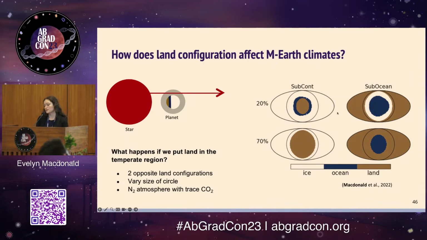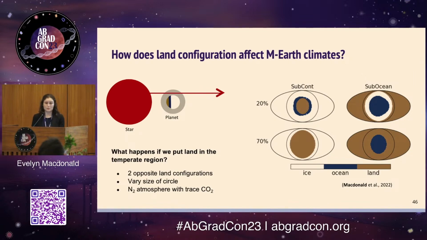And then the opposite, substellar ocean, putting land everywhere except for a circle at the substellar point where there's water. And we vary the size of the circle in all of these simulations, going from 0 to 100%. So here you can see that sometimes there's ice-free ocean and sometimes there's not. And in these ones, there's always some ice-free ocean because of where the water is.